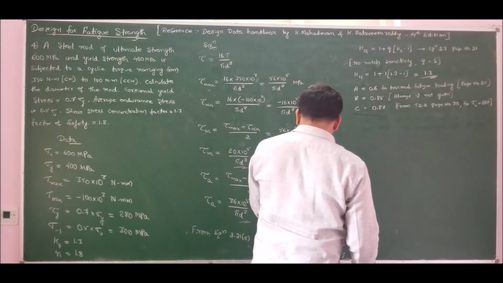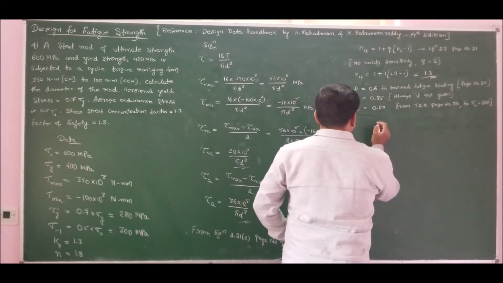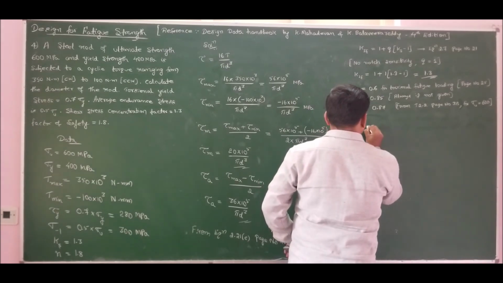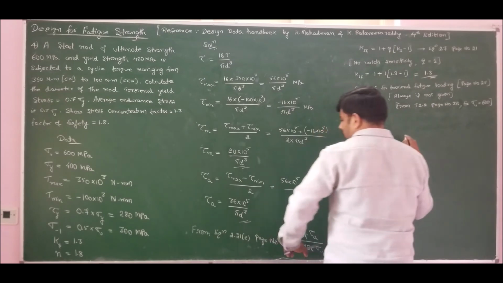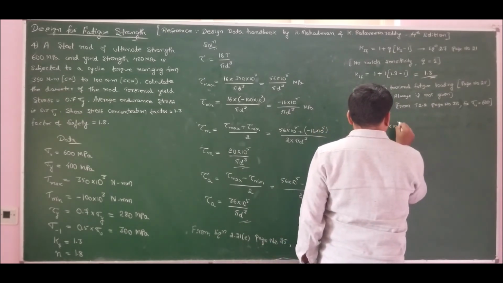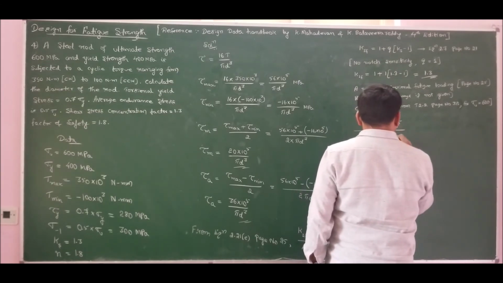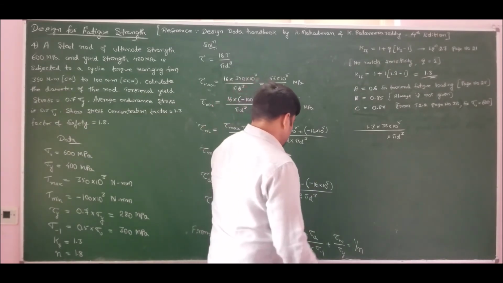Substituting into the Soderberg equation again, we have fatigue stress concentration factor for shear as 1.3 into tau amplitude, which is 36 into 10 to the power of 5 divided by pi d cube, into ABC factors times endurance.